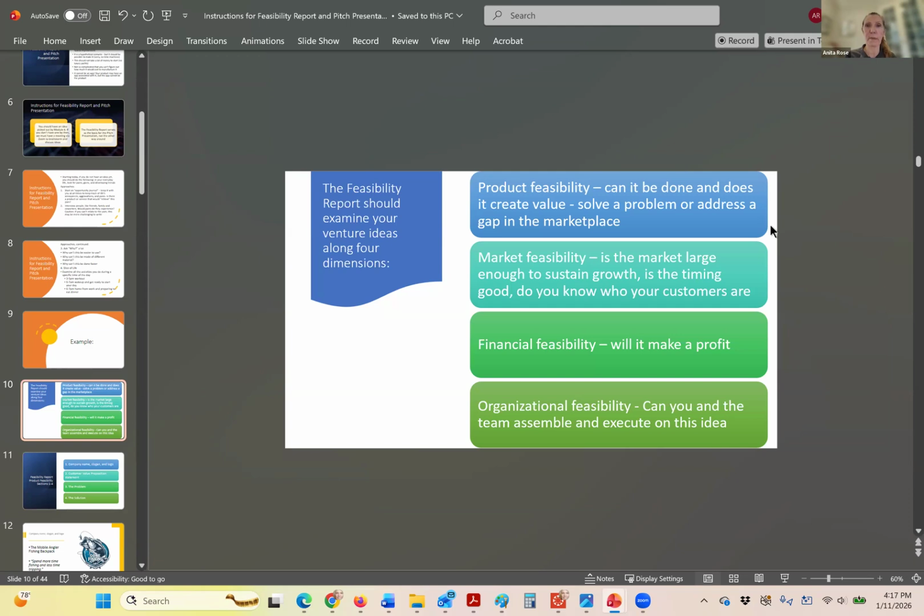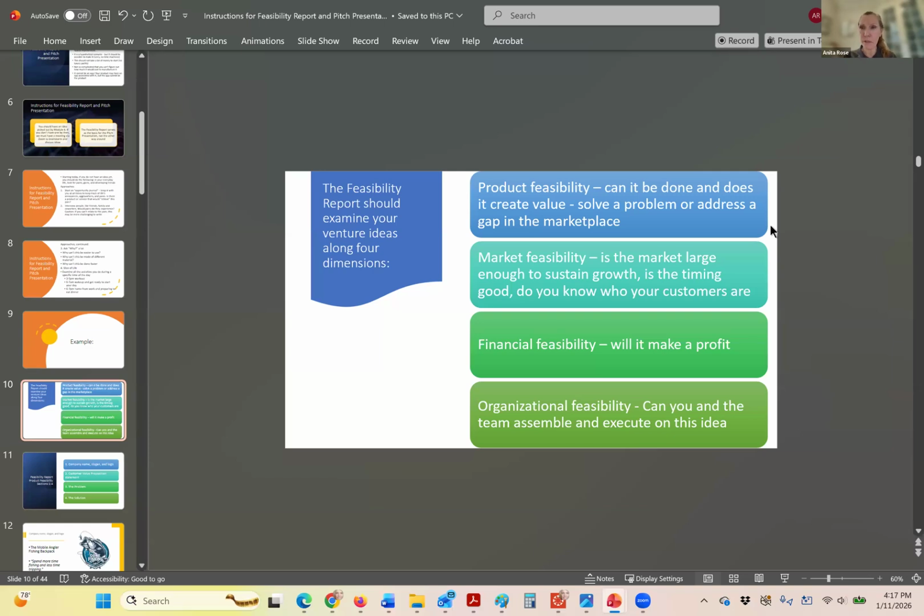Now, perhaps the market is very, very small and there are few buyers for this market. Will it still work? Will you be able to sell enough to make the business profitable and feasible? So we want to consider all those things as we move along.